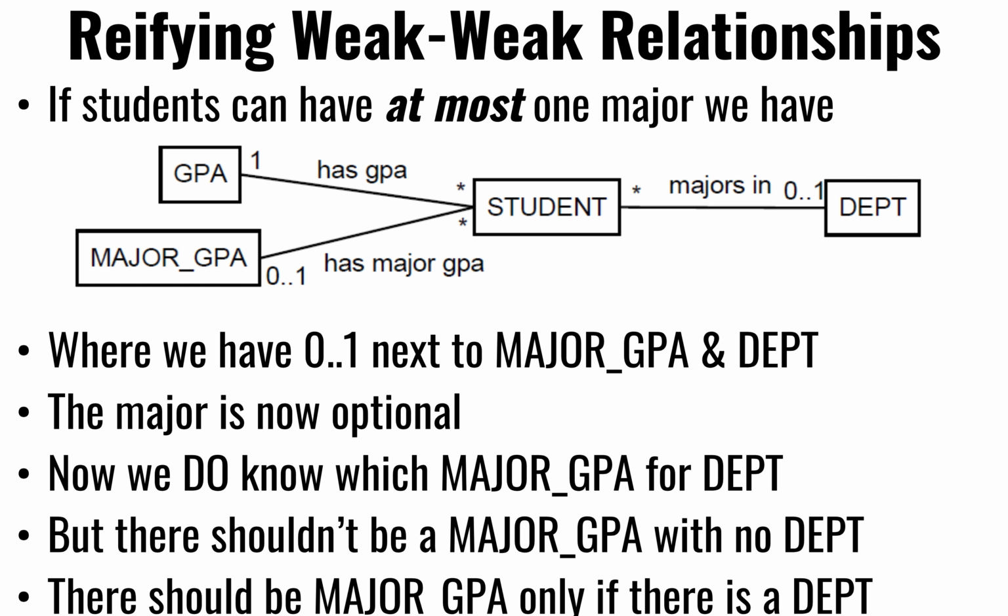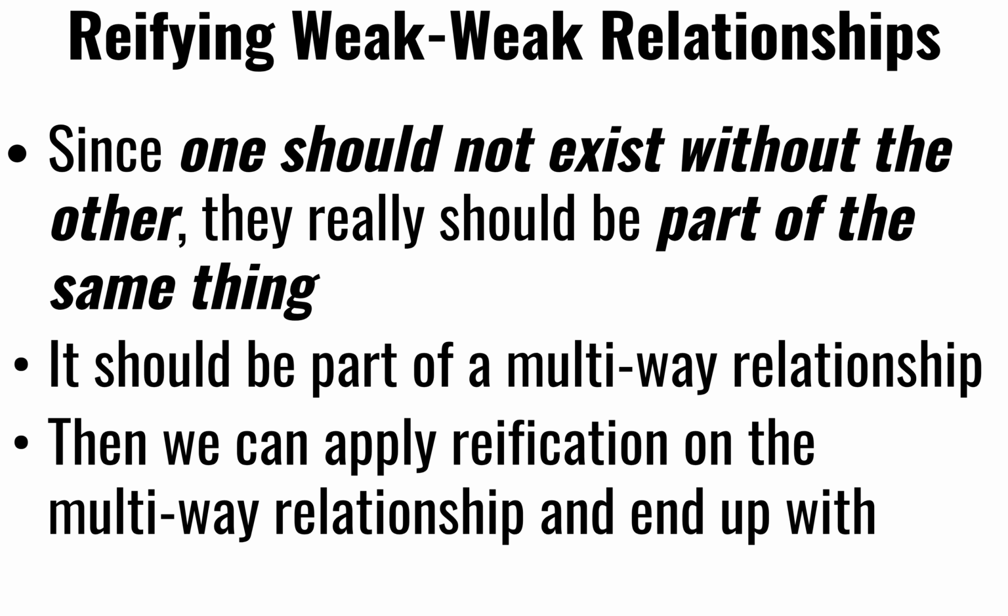So the relationship between the student and the foreign key to the department might actually not be there. Meaning, I don't even have a foreign key pointing to any department. So this is an optional relationship. I might not be enrolled in any department. In that case, how do you capture the major? It might make no sense to have a major entry if I'm not enrolled in any department. So how do you model that kind of relationship?